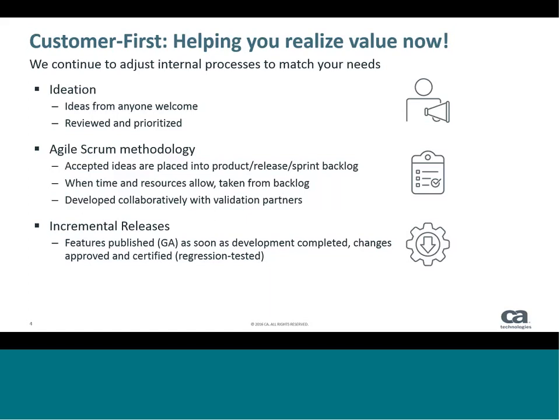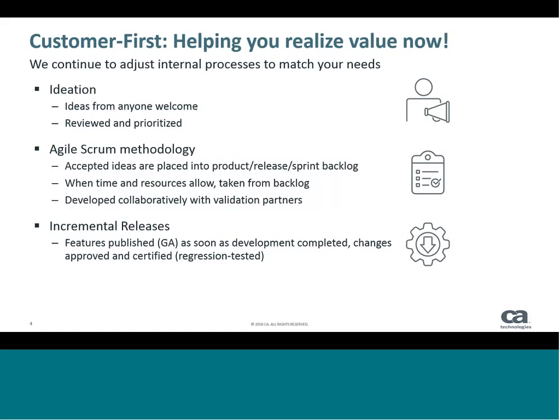We turn them over, right? Hi, everybody. This is Pete. Yeah, we turn it over from the ideation queue. We have the prioritized list, and then we take it to the Scrum process, the Agile Scrum process, where we take the accepted ideas and put them into the product, the release, or the sprint backlog, and I'll talk about that later.